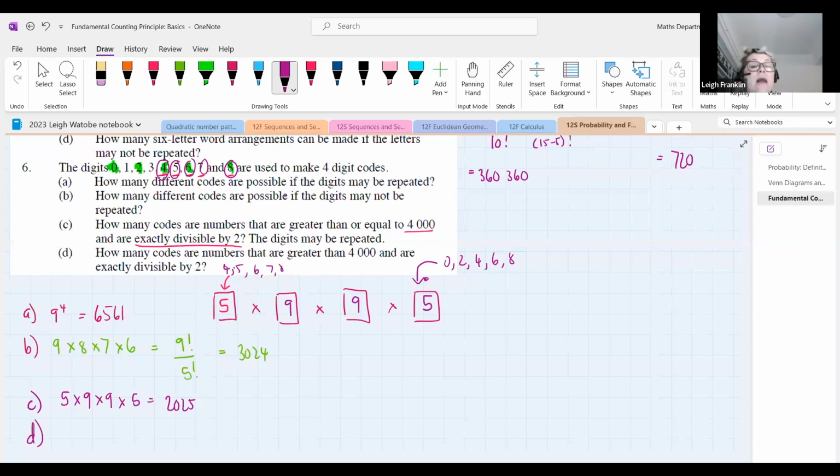Repetition is allowed. There are 9 digits. So 9 digits could go here, and because repetition is allowed, there are another 9 digits that could go there. So in other words, the number that sits in this first block has to be a 4 or a 5 or a 6 or a 7 or an 8.